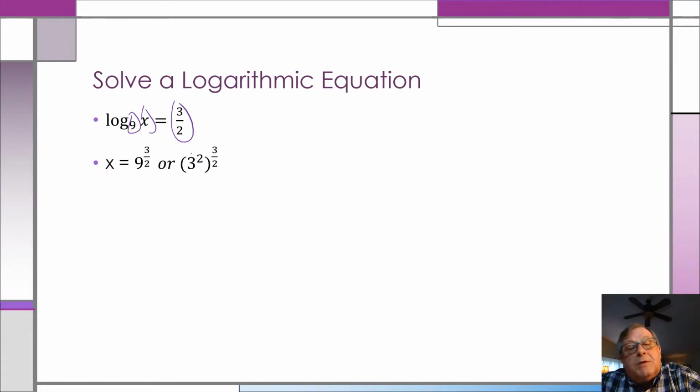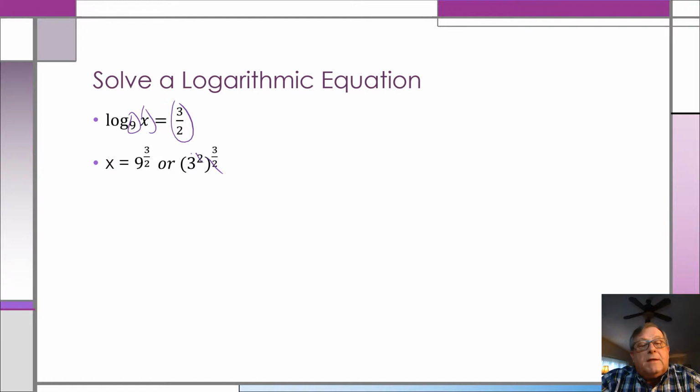But my 2 and my 2 would just cancel out and actually leave me with 3 cubed. And if I'm doing it without the aid of a calculator, that certainly is probably easier to deal with than taking 9 and then taking the square root of 9 and then cubing it.